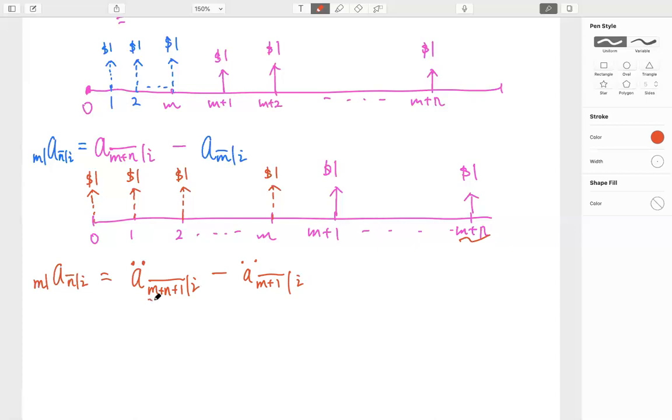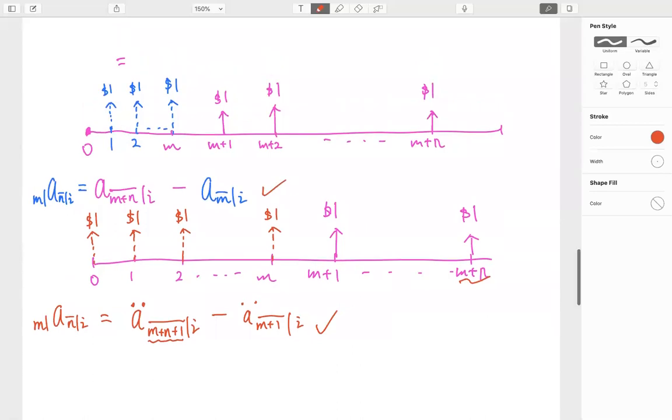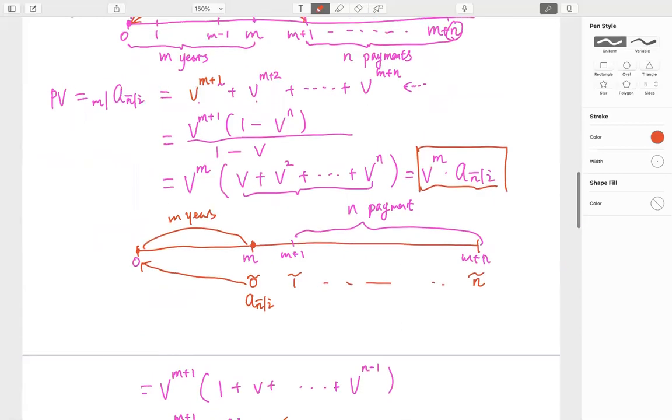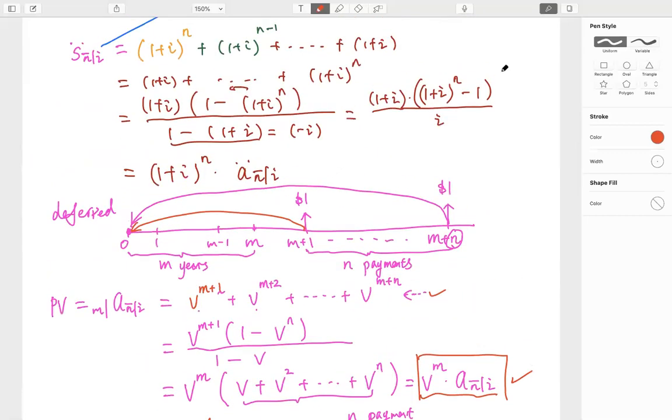So if I have n plus n plus 1, I need to subtract n plus 1 in order to leave me with the original n payments, right? So how many equivalent formulas I have? Here is 1, here is 2, 3, 4, at least 4, right? If you count the original one, the 5 or 6, there are different ways of expressing deferred annuities, okay? That's everything I want to review.